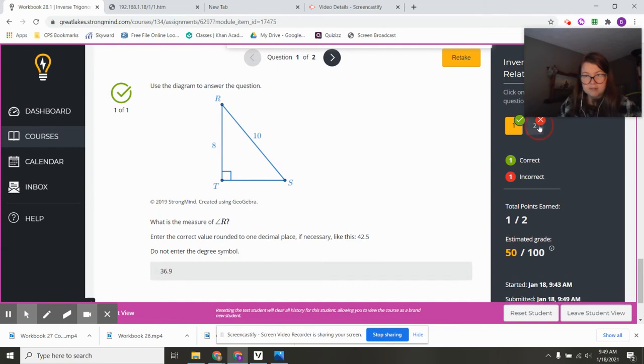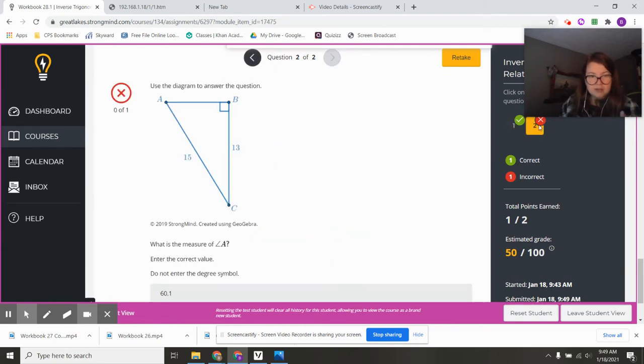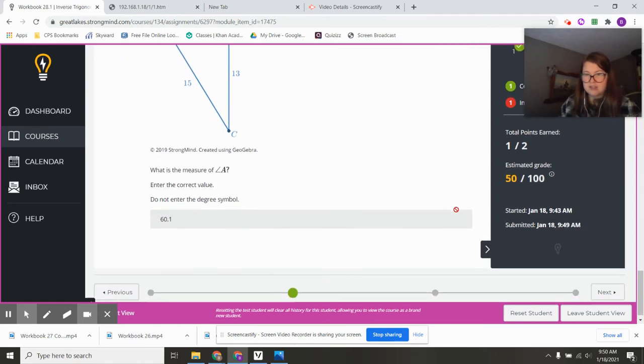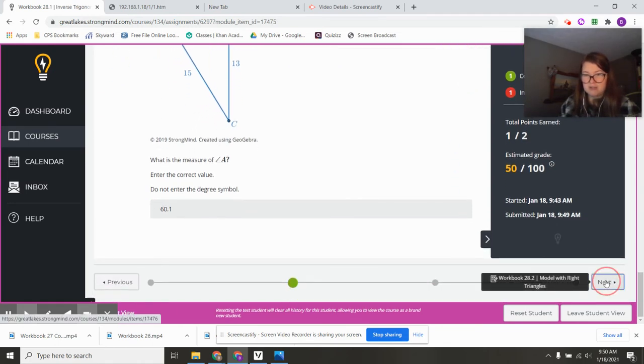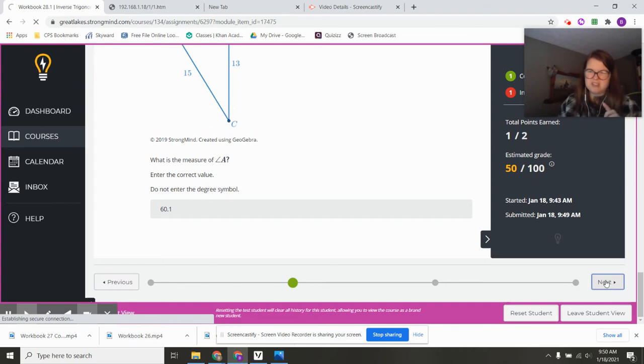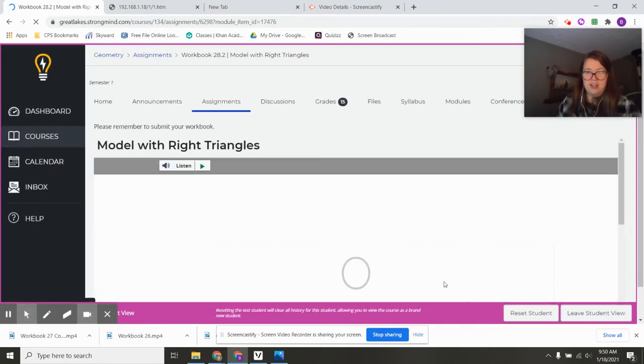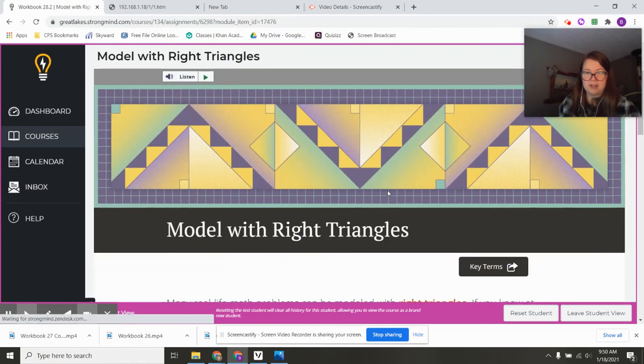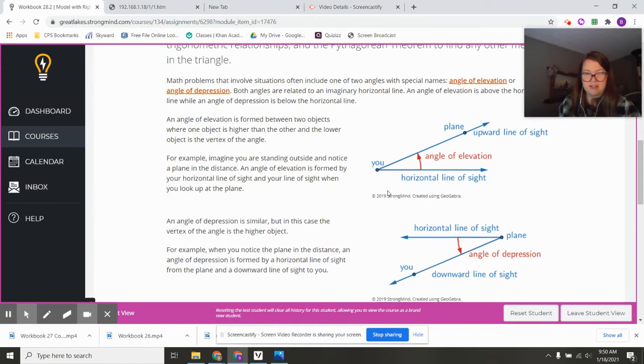Let me just check here. Because we needed to find A, so we did the inverse sine of 13/15, and we would get 60.1. So I know that that's correct. So then again, this goes back to the Strong Mind rounding and not accepting other answers that were rounded. That's frustrating. Again, I'll have to not count all of these things.